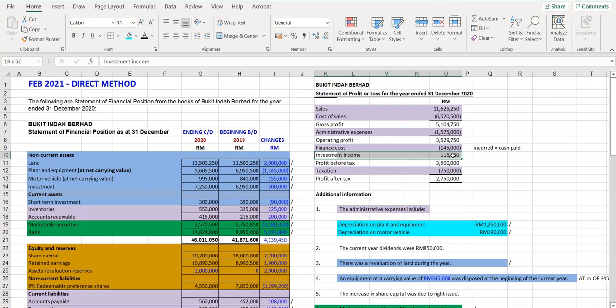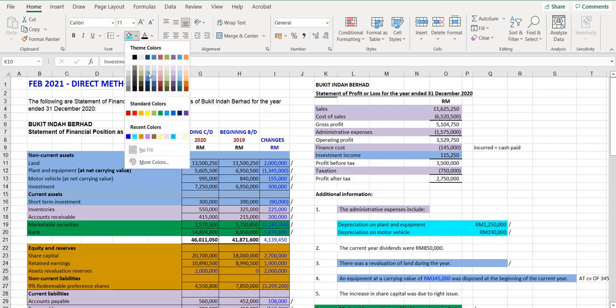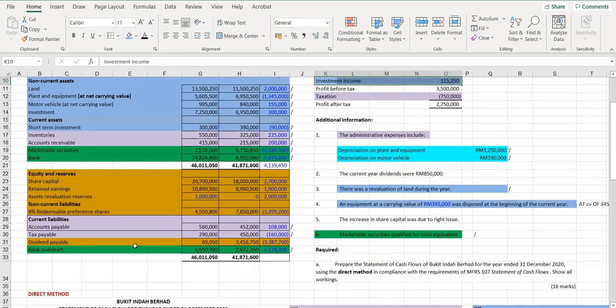Here the investment income is 115,250, and you need to also check if there is any investment income receivable here. None. If there is, you need to go and incorporate that in the reconstruction of the T account.